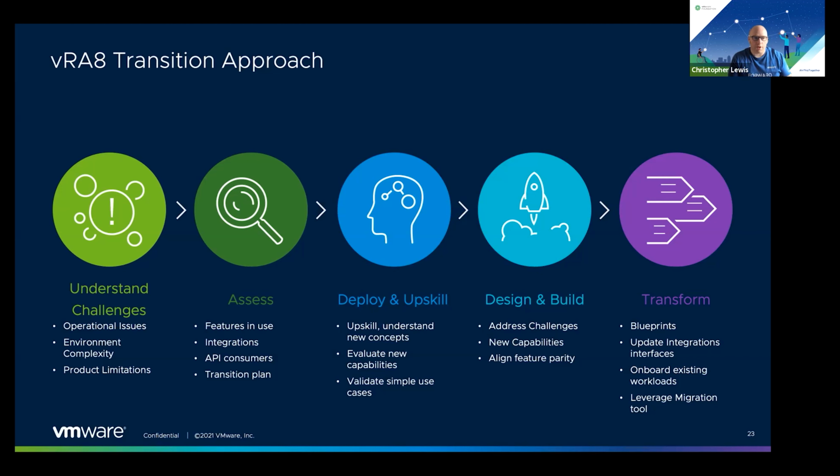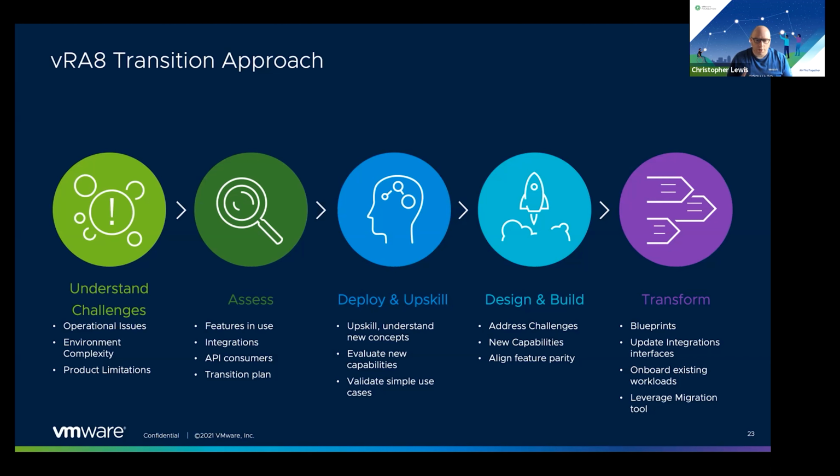You need a know-where-you-are point of view, and then you need to assess what vRealize Automation 8 can give you, and how I can maybe get rid of some of those extensibility things that I've done around vRealize Automation 7, because some of the features or functions that I've worked around in 7 now exist in 8. So how do I change the approach to doing things?